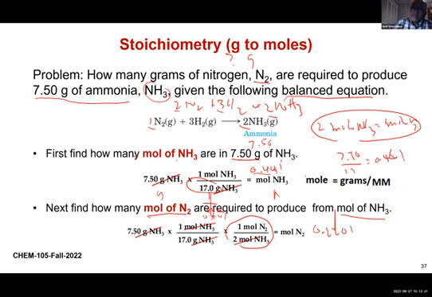How many grams of nitrogen? Nitrogen is 28, 14 times 2. So let me do this. Multiplied by 28. 6.17 grams of nitrogen.